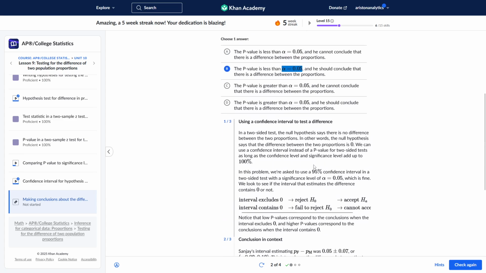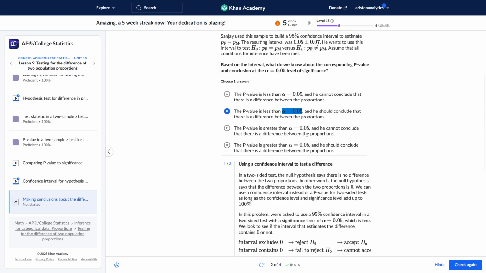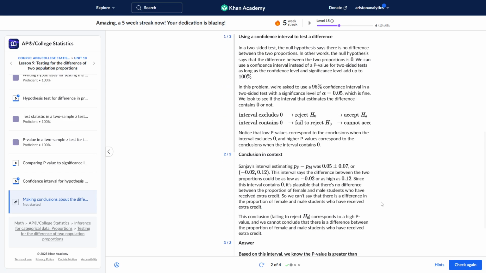So basically it's saying if it contains 0, reject. Otherwise, fail to reject.